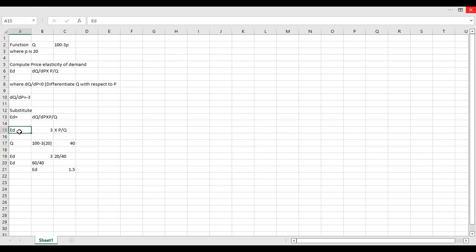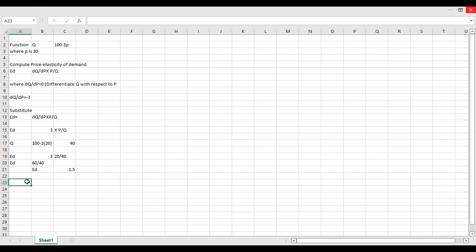Now to determine the elasticity of demand, we make use of 40 as the quantity. So minus 3 multiplied by 20 gives us 60, divided by 40, that gives us 1.5.